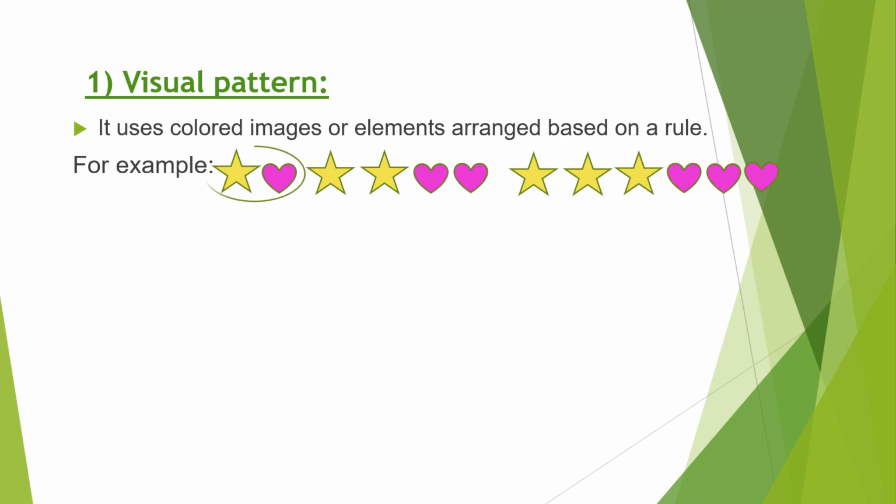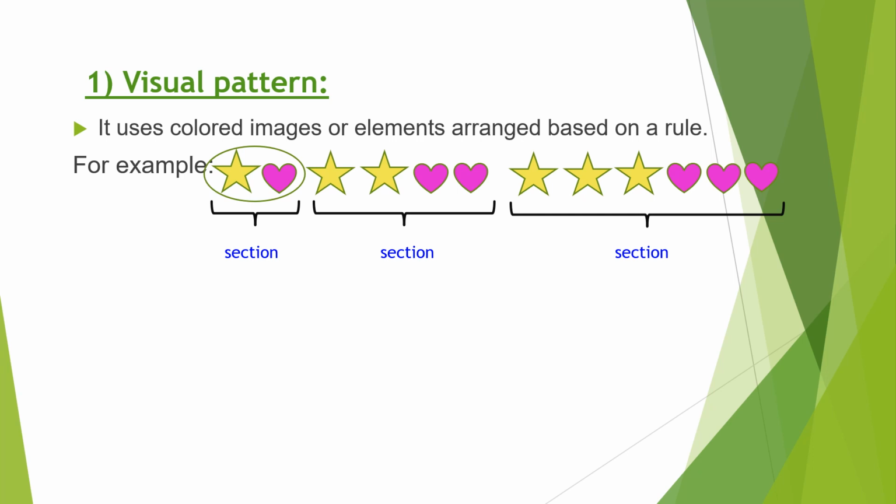And don't forget, here we have a group repeated each time, which is called section. This is section 1, star, heart. When our pattern is getting larger, section number 2 became 2 stars, 2 hearts. And section number 3 became 3 stars, 3 hearts.